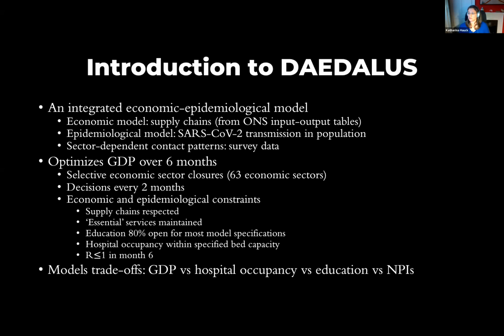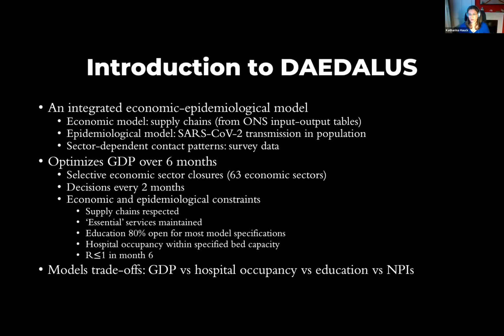And this model reflects sectoral heterogeneity in both transmission and economic interdependence between sectors. So we are modeling supply chains between sectors. Now, what distinguishes our model, I think, from Marcus's model is that we identify a control strategy which optimizes economic production, while we keep schools and universities operational and also keeping the infections within the capacity that we have for our hospitals. So it is an optimization model.